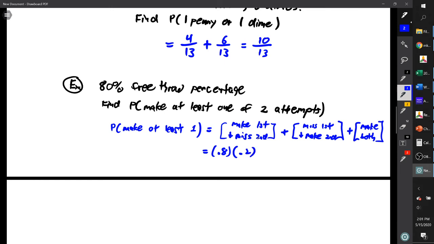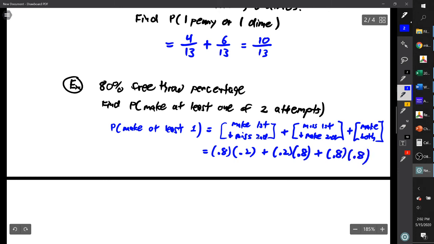We're multiplying because we want both outcomes to happen: make the first and miss the second, or miss the first and make the second, or make the first and make the second. So multiply all these out: 0.8 times 0.2 plus 0.2 times 0.8 plus 0.8 times 0.8, and we get a 96% chance.